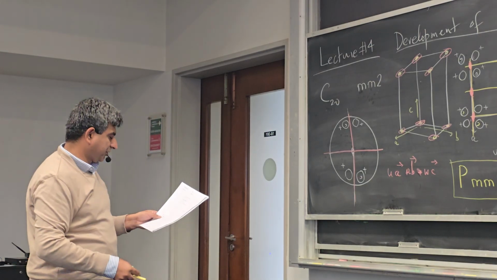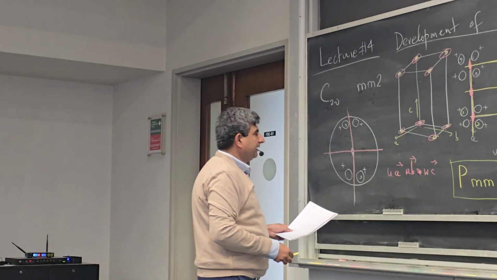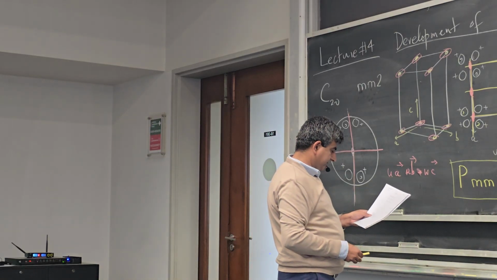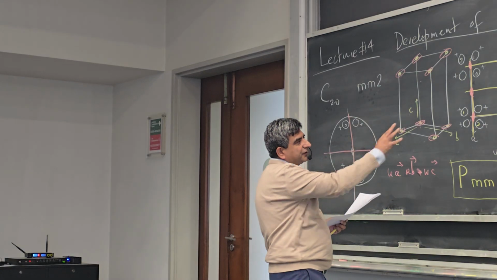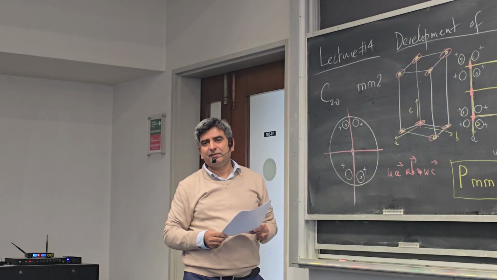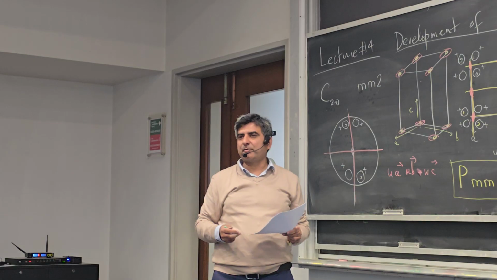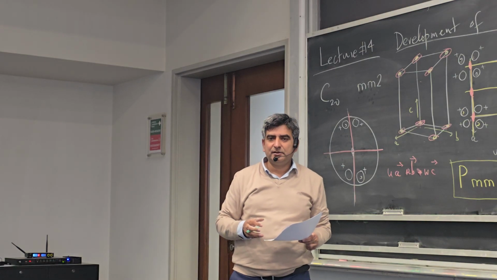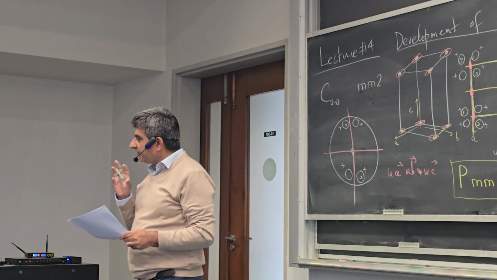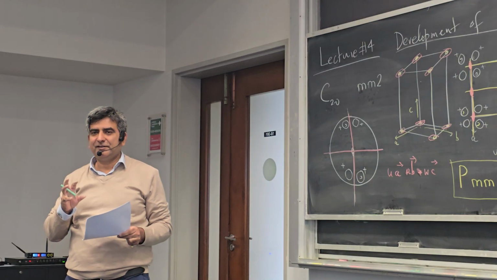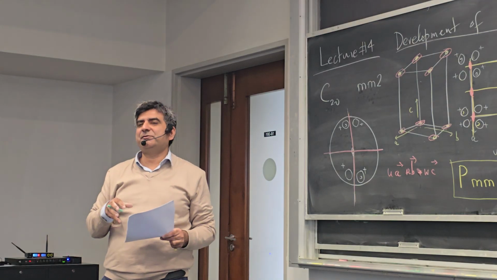Now, the asymmetric unit. The asymmetric unit is a region in the unit cell. There are certain symmetry operations. The asymmetric unit, ASU, is that region in the unit cell within which there is no symmetry element.